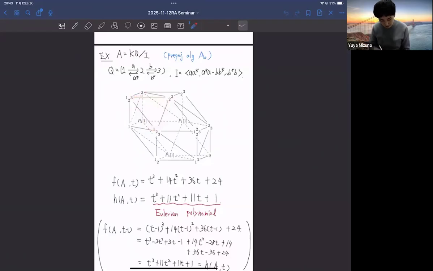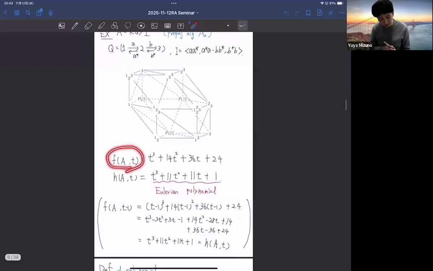In this case, we have an f-polynomial like this. Namely, if you count the number of faces, we get 24, and edges is 36, and vertices is 14. And from this f-vector, we can get the f-polynomial, and we can get the h-polynomial like this.